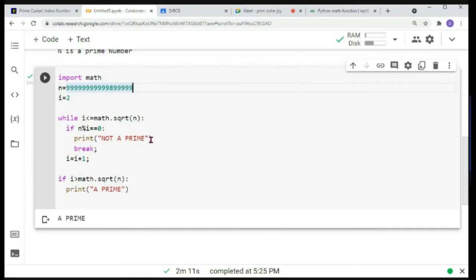Now the search space has increased by a huge factor. With this better logic we can check bigger numbers, whether they are prime or not, in less time.